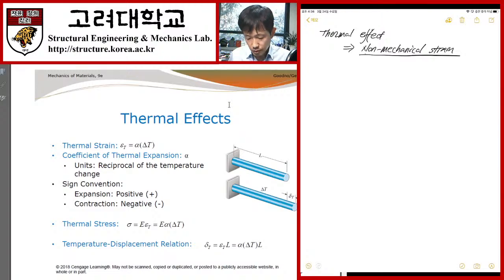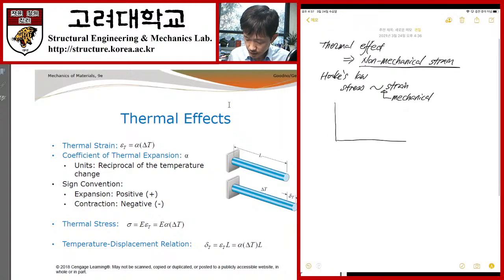Okay, let's look at Hooke's law. What's Hooke's law? Hooke's law is that stress is linearly proportional to strain, but specifically the mechanical strain. Okay? But if you look at an inelastic system, let's say you have this inelastic material behavior.